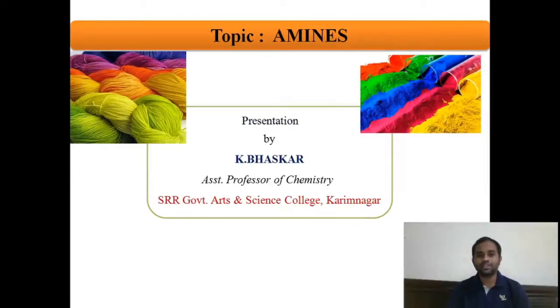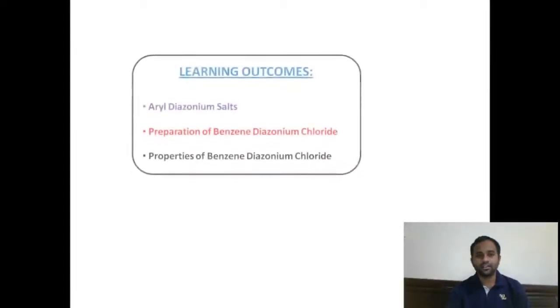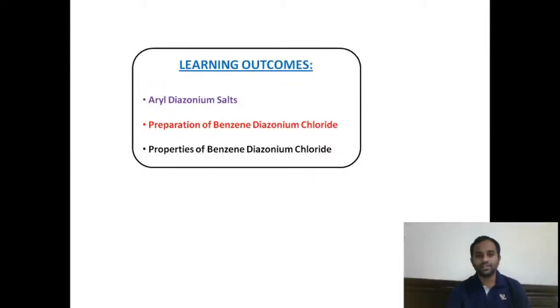Now in this video presentation we are going to discuss aryl diazonium salts. If you look at the learning outcomes, by the end of the video presentation, we are going to learn what aryl diazonium salts are and how to name them, that is the nomenclature of aryl diazonium salts.